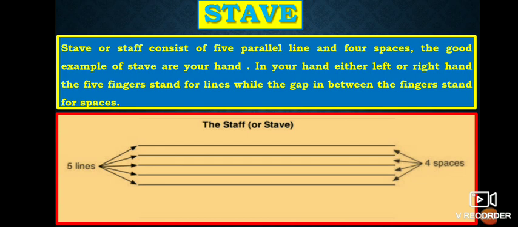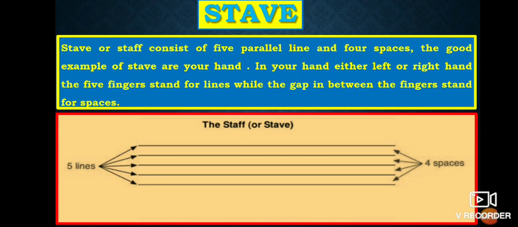If you raise your left hand up and open it wide, you will see the 5 fingers stand straight. Those 5 fingers serve as lines, and the gaps stand as spaces.